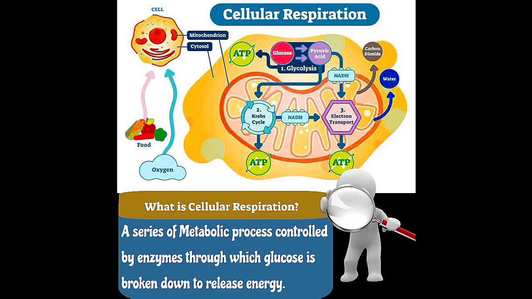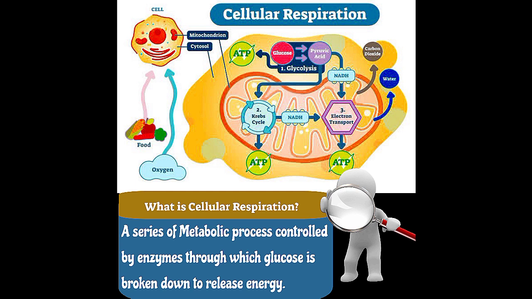So, what is the definition of cellular respiration? Cellular respiration is a series of metabolic processes that is controlled by various enzymes, through which glucose is broken down to produce chemical energy. It happens in every living cell.